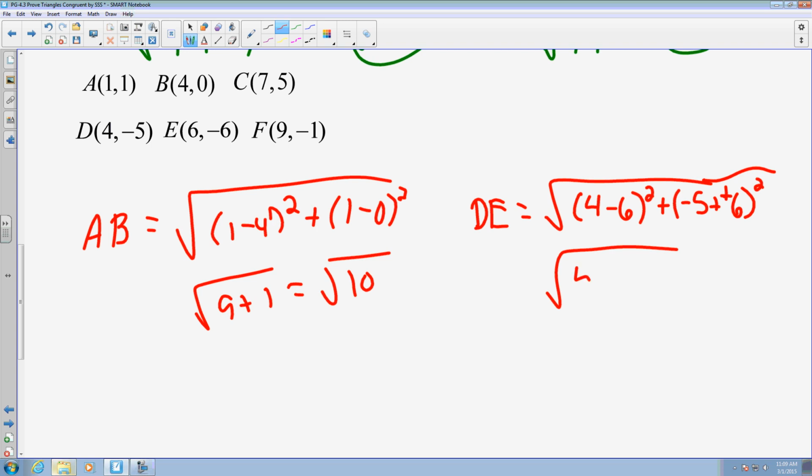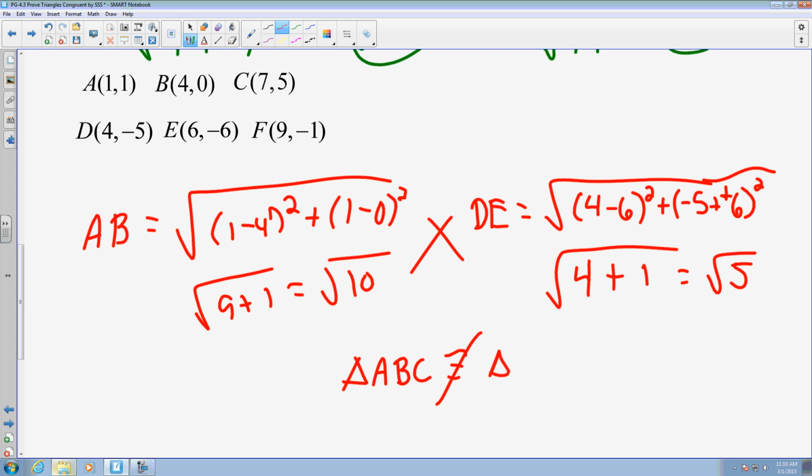Negative 2 squared is 4 plus negative 5 plus 6 is 1. 1 squared is 1. This gives me the square root of 5. Not true. So I can't say that those are true. So just because one statement's not true means that the entire statement is false. So I can say that triangle ABC in this situation is not congruent to triangle DEF.